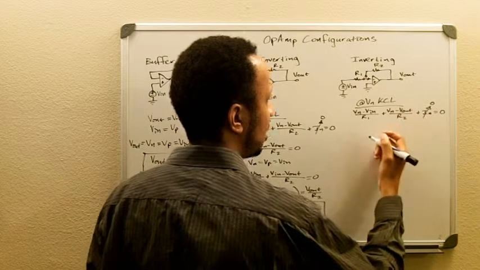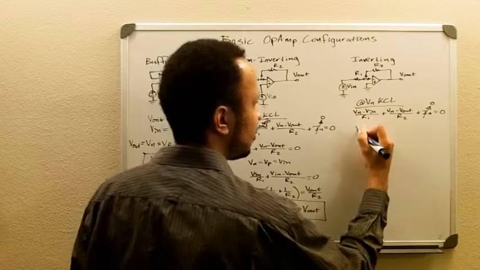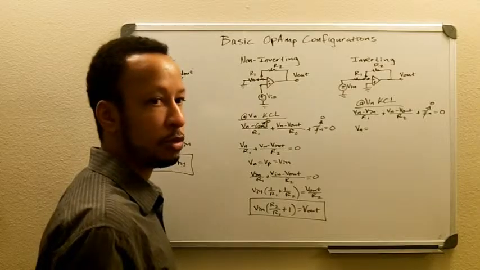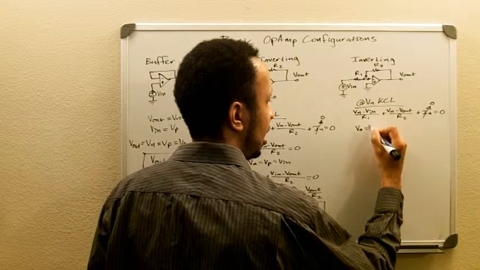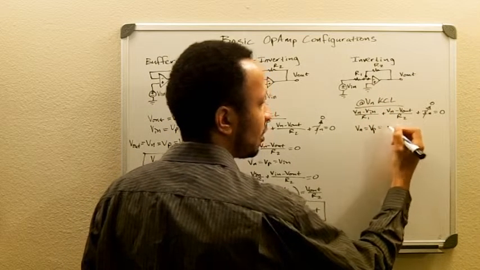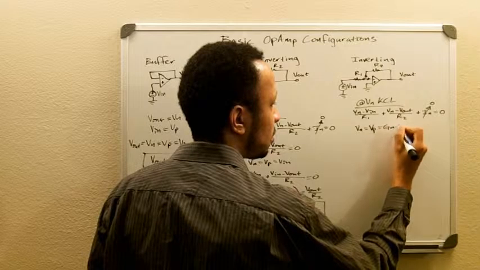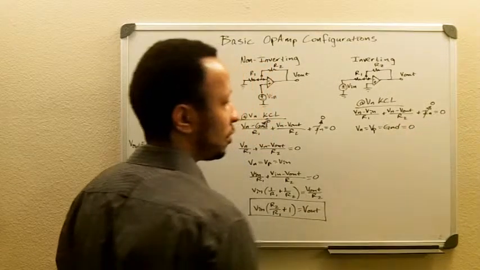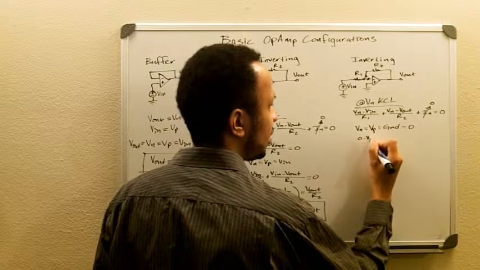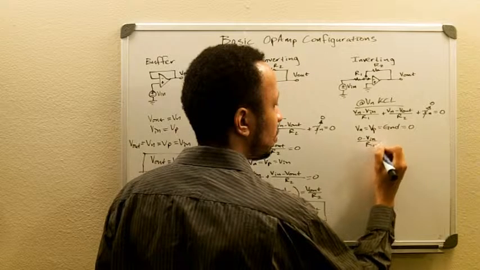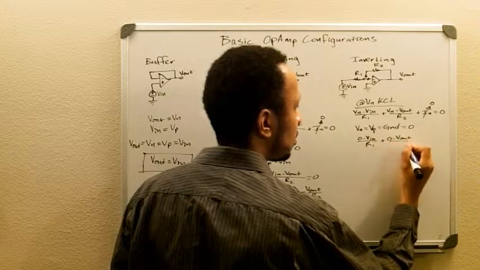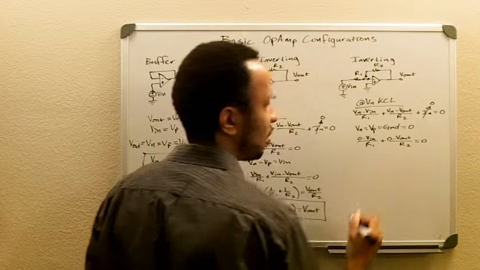And so that automatically reduces, and we'll take notice here that Vn, with this other op amp property, which is actually called a virtual short, will be equal to Vp, and Vp is connected to ground, so Vp equals ground, and ground equals 0. So what we have here by substitution is 0 minus Vn over R1 plus 0 minus Vout over R2 equals 0.